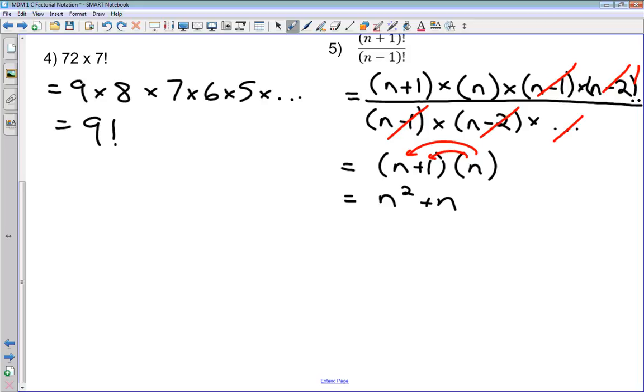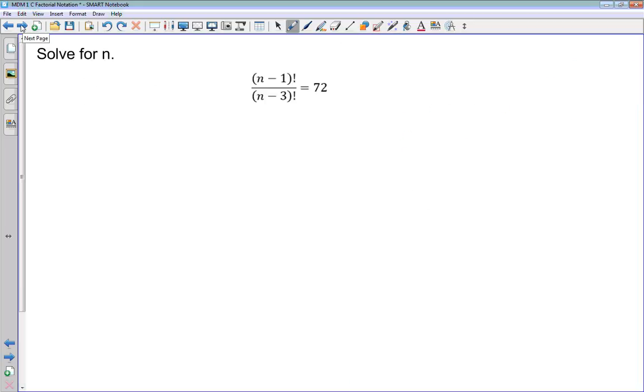So a little bit of an application of this, putting some of these things together, you might be given a question like this. Solve for n, where n minus 1 factorial divided by n minus 3 factorial is equal to 72. And let's start doing just what we did before.